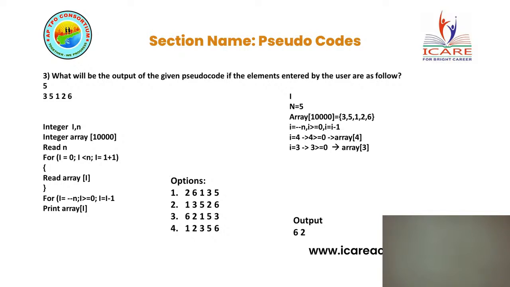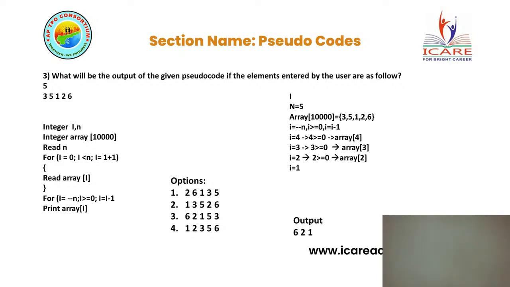3 minus 1 is 2. I is equal to 2, and 2 greater than or equal to 0. The condition is true. We are entering into the block and array of 2. So in array of 2 we get the value 1. So again we are printing the value, and I is equal to I minus 1.